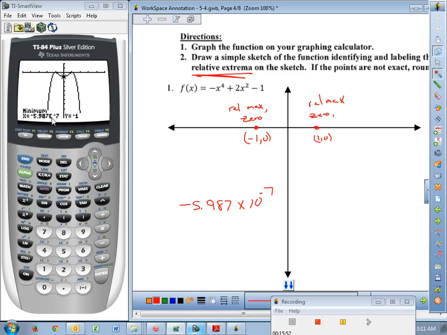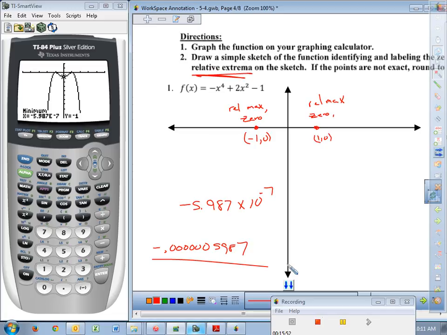See this E right in there? That means you got scientific notation. Scientific notation means move the decimal. This means move the decimal 7 places to the left. So that would be -0.000000598... My calculator is not strong enough to figure out what it is really. What is that really trying to tell me that that number is?